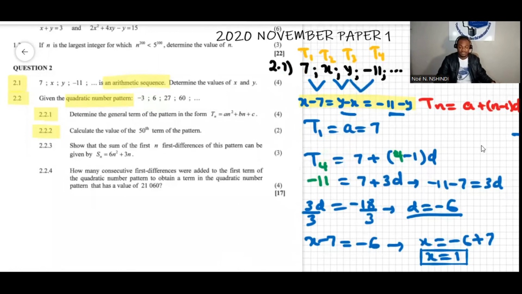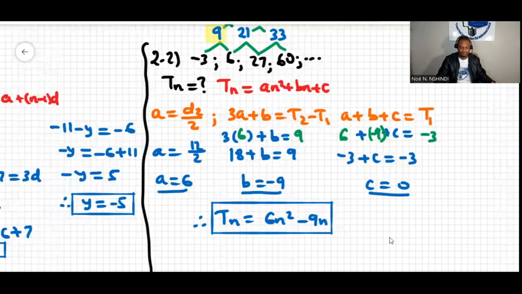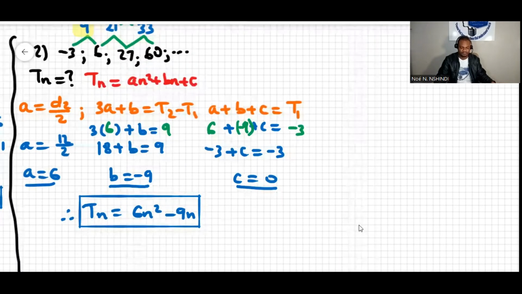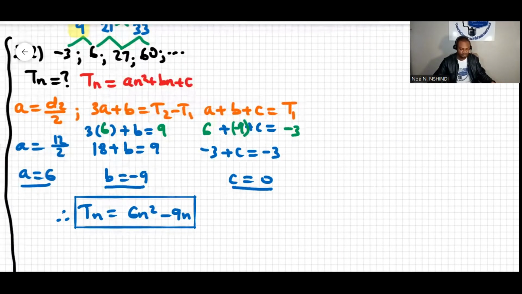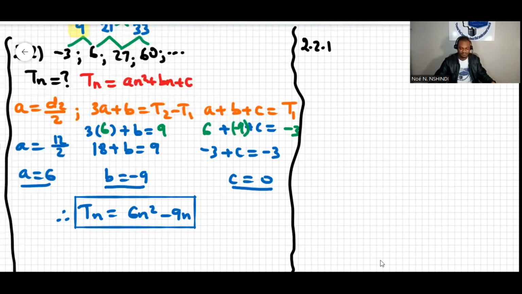So this is just a simple substitution. So we need to calculate T50.